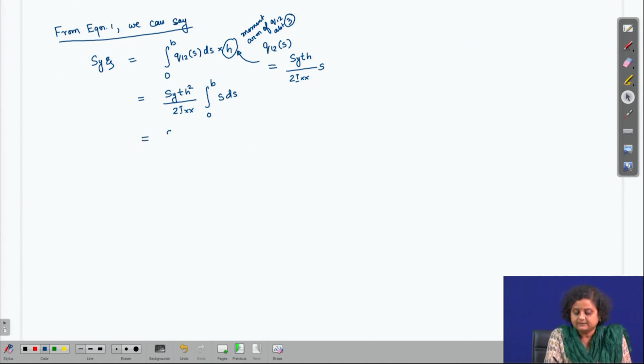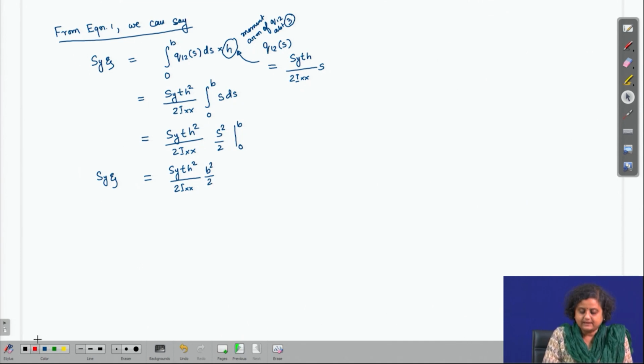So, I can find this as Sy Th square by 2Ixx into s square by 2 from 0 to b. So, this can be written as Sy zeta equal to Sy Th square by 2Ixx into b square by 2.